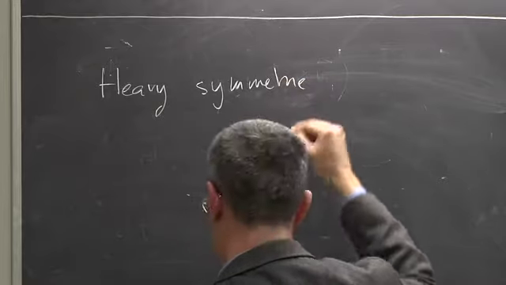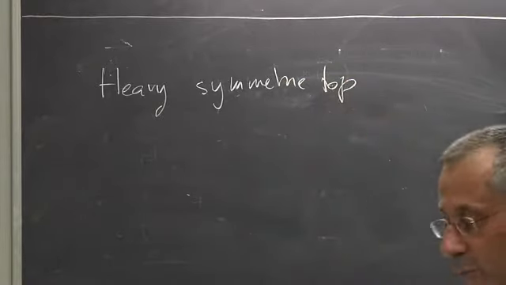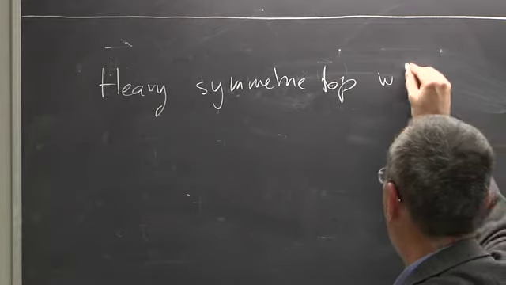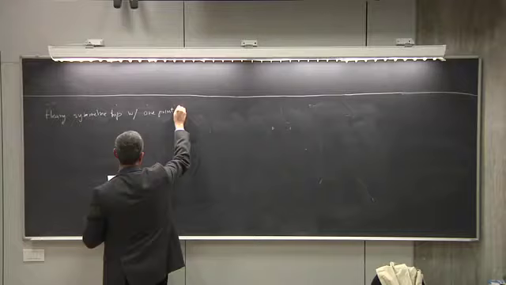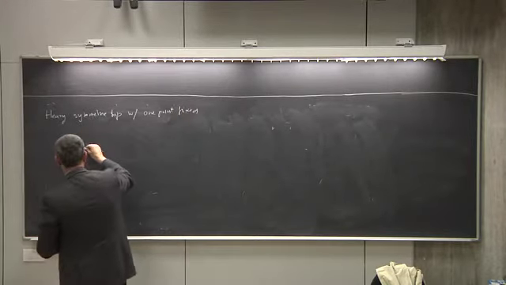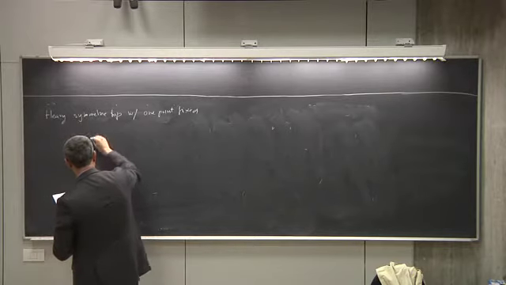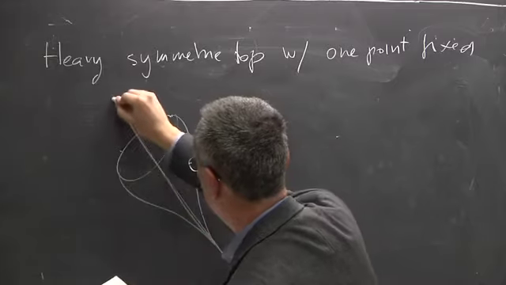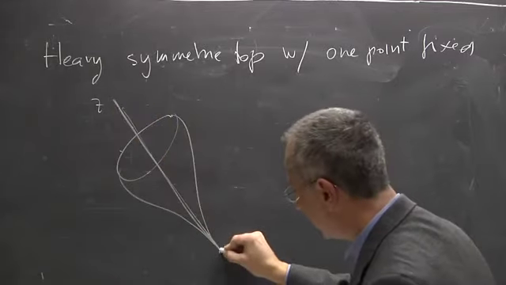Okay, so this would be a gyroscope, but I put it with one point fixed. Again, I'm not very good at drawing, but it's something like this. This is the axis of symmetry, which I call Z. Here's the fixed point.